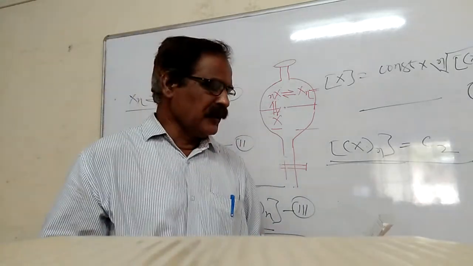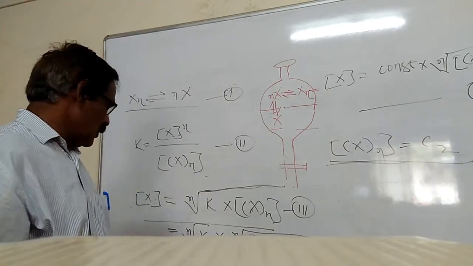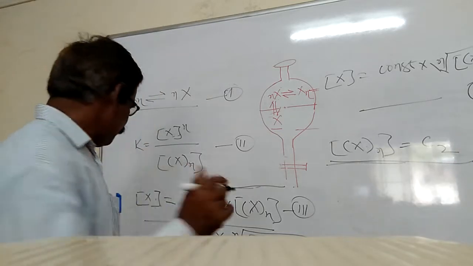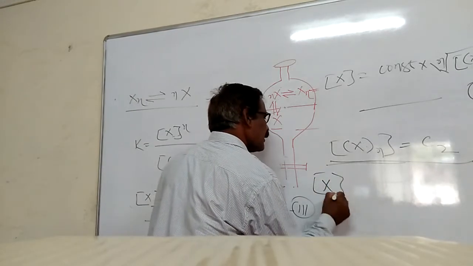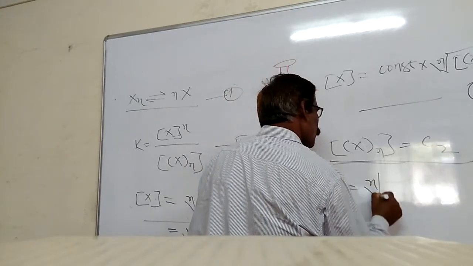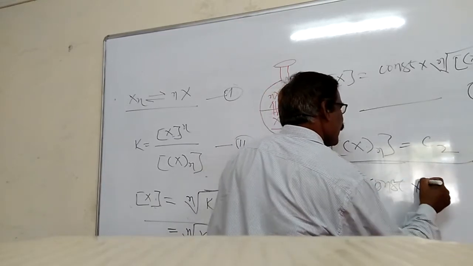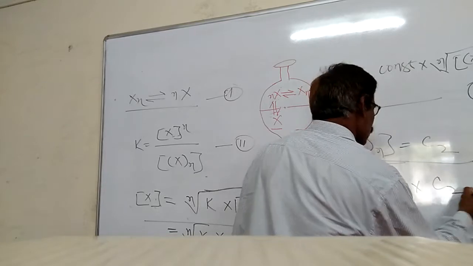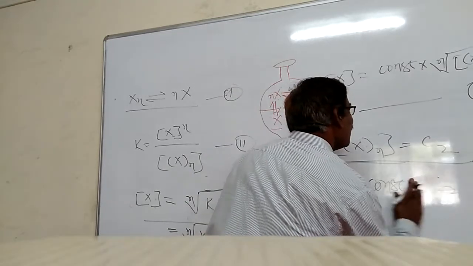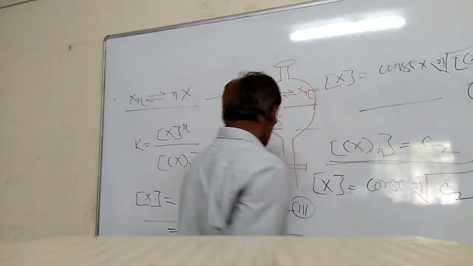Now, substituting C, the concentration of associated molecules, equal to C2 in equation number 3, we get X, the concentration of single molecules, is equal to the n-th root of K, or in other words, simply a constant into the n-th root of C2.